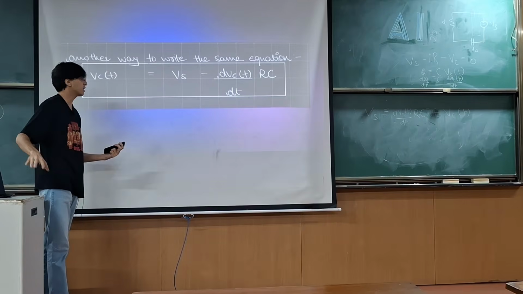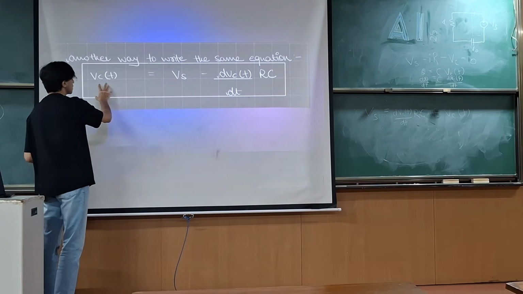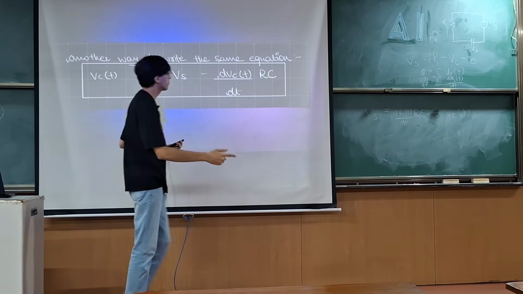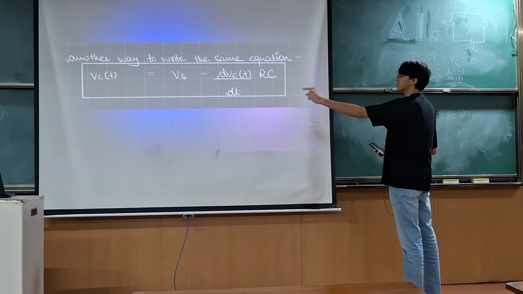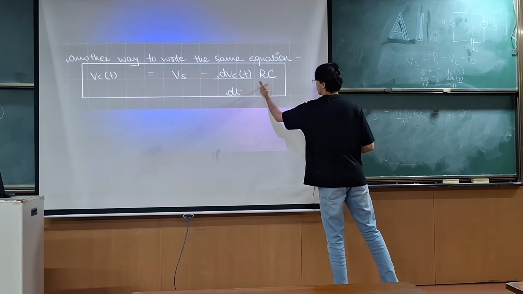Like whatever we learned in the past class, you can think of the capacitor voltage as the hidden state and the source as the input voltage. We're going to see how that's important to us in a second. So it's the same equation: the hidden state is the input minus some constant times its derivative.